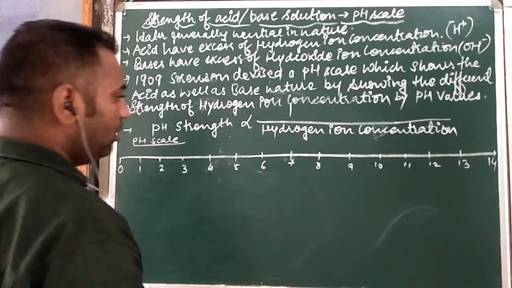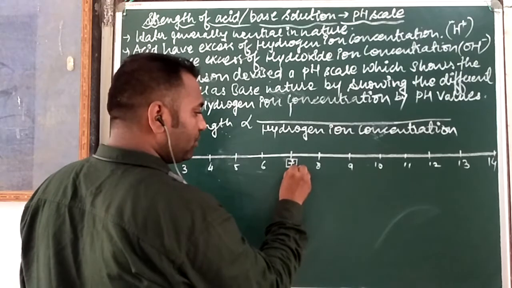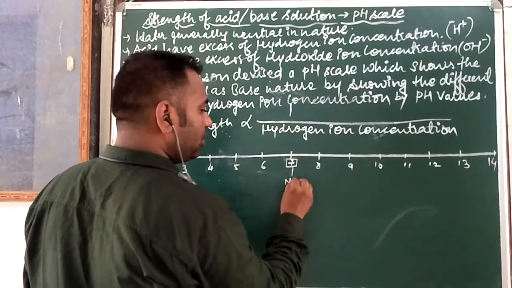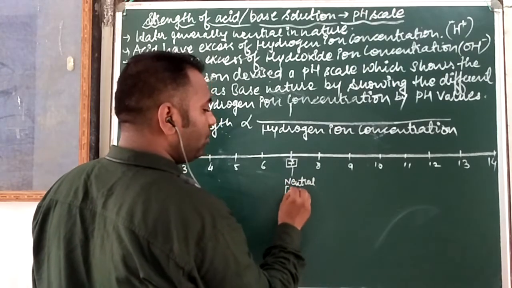First of all, we will categorize it into different values. This is the neutral value. Why are we calling this neutral? Because this is the pH of water.